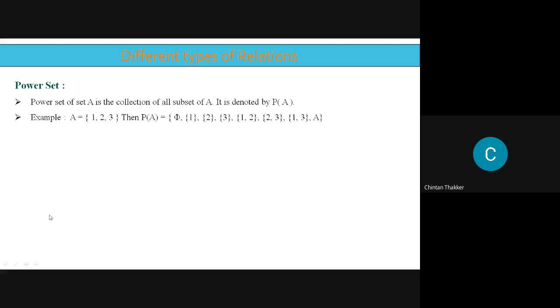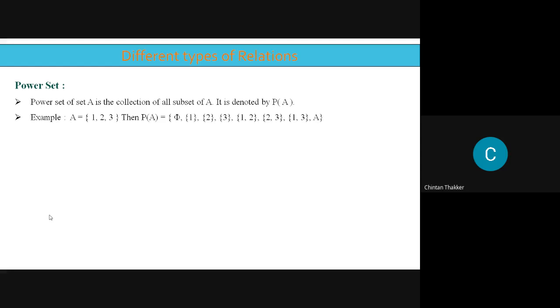Like we have the example here. If the set A is 1, 2, and 3, then what is the power set? When we have any set, the phi and the set itself are by default subsets of that set.